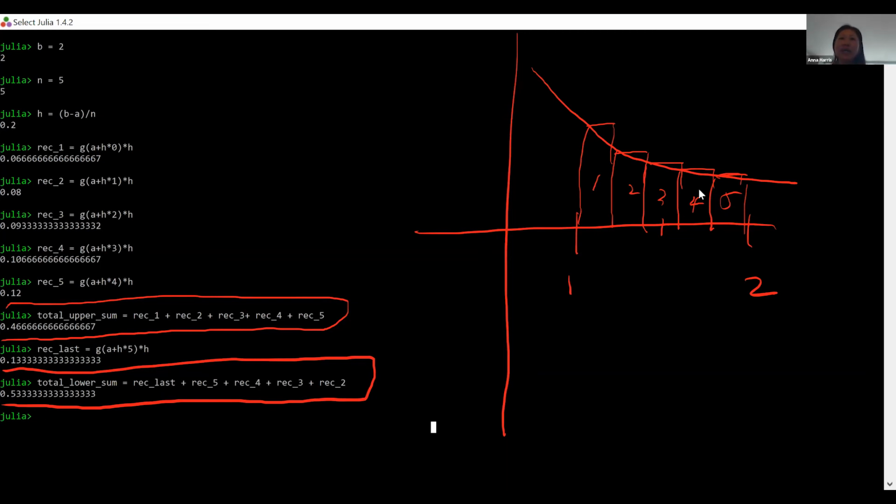Well, class, look at my calculation and see where I made a mistake. Because remember, according to my picture, this is more than the real answer because I am going over my graph.